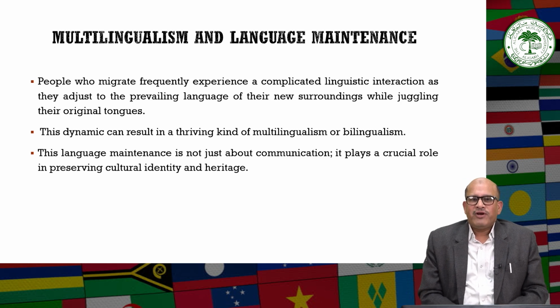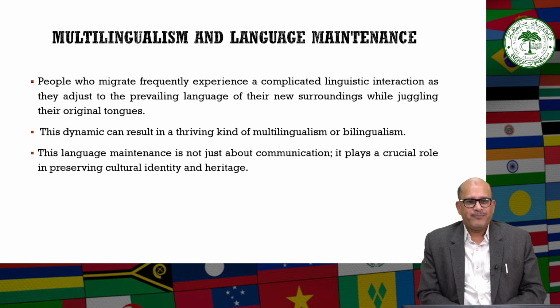People who migrate frequently experience complicated linguistic interactions as they adjust to the prevailing language of their new surroundings while juggling their original tongues. This dynamic can result in a thriving kind of multilingualism or bilingualism, where people combine their native tongue with the language of the host community instead of just giving up their native tongue.